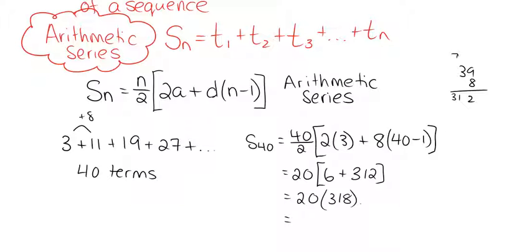I have to multiply that by 20, so 20 times 318 is 6,360. Sorry, I don't have a calculator, but I think that's right. So that's how you do an arithmetic series, and the sum of the first 40 terms is 6,360.